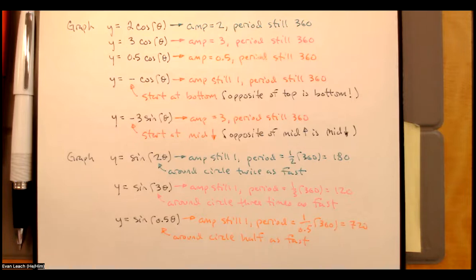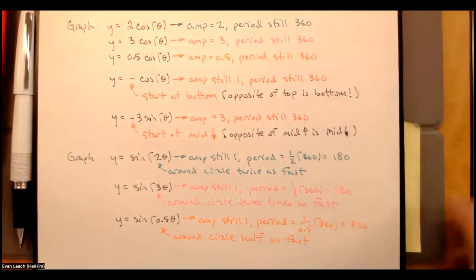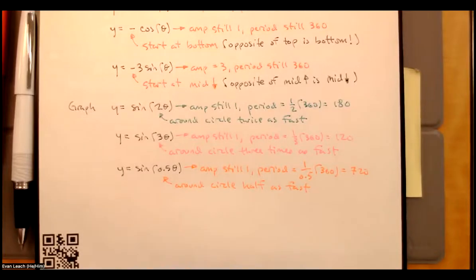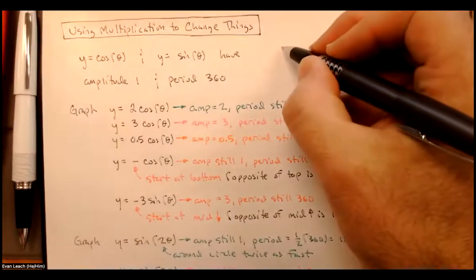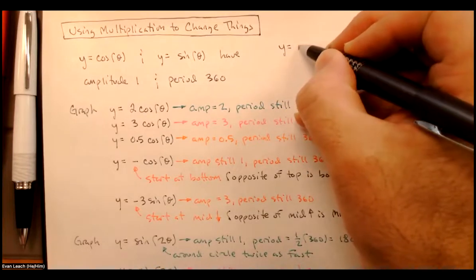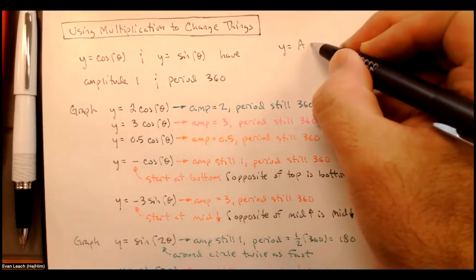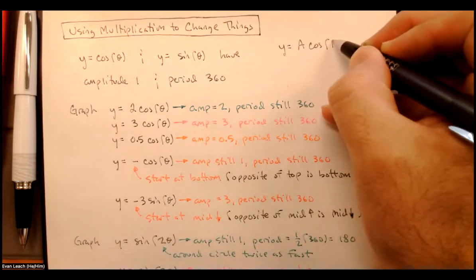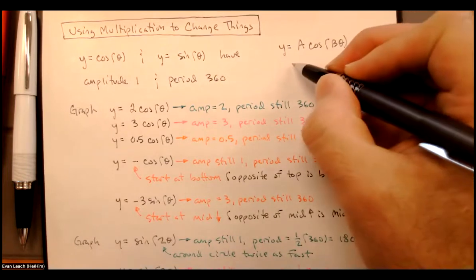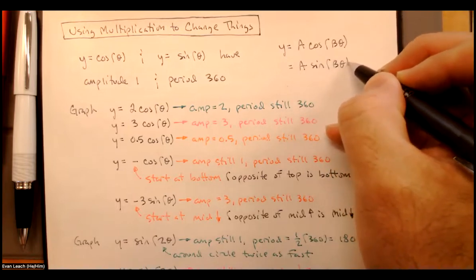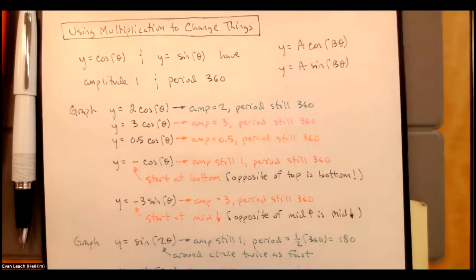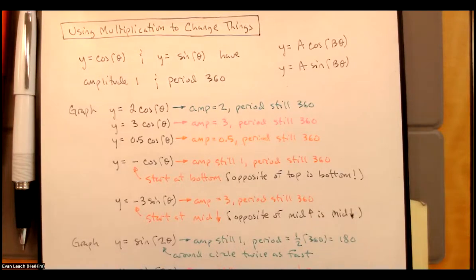Let's summarize. I didn't do negatives here because I like to keep that a surprise. I'm going to put it up here. The coefficient of the trig function is going to tell you the amplitude.